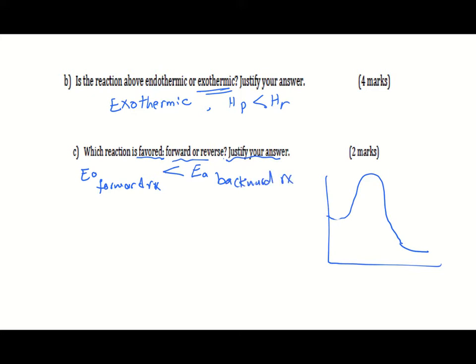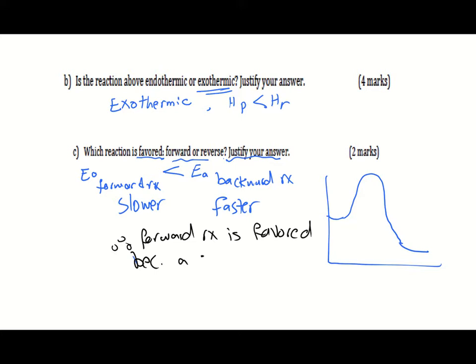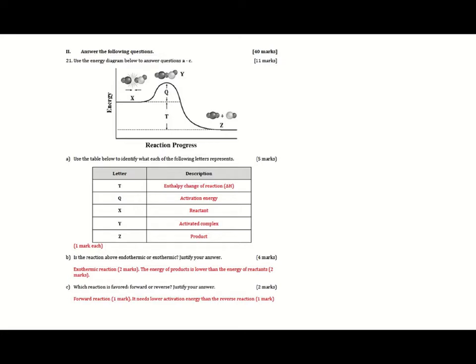This means that the forward reaction is much faster than the backward or reverse reaction. So, the forward reaction is favored because smaller activation energy is required. And here are the answers of all the questions we just solved.